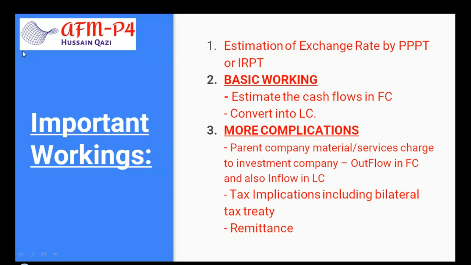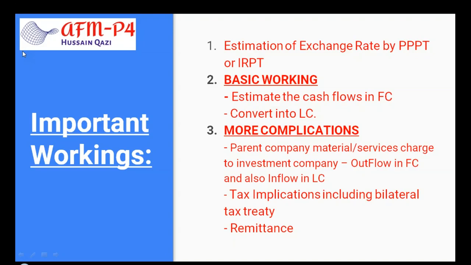A bilateral tax treaty means there are tax exemptions, diplomatically settled between the governments. Let's say the UK tax rate is 35% and the Australian tax rate is 40%. When I come back to Australia, there is a tax treaty, so I have already paid 35% in the UK on taxable income. That 35% is exempted in Australia, and we will additionally pay only 5%. That is called a tax treaty.